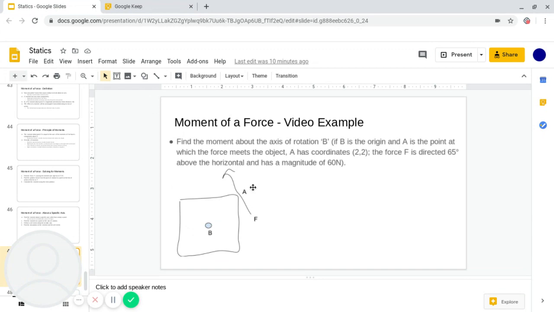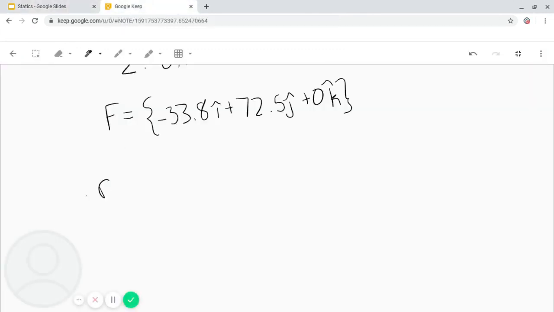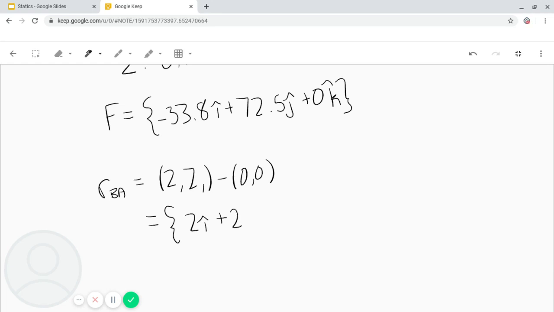So from B to A, so say R_BA is equal to 2 minus 0, 2 minus 0, which is equal to 2i plus 2j plus 0k.